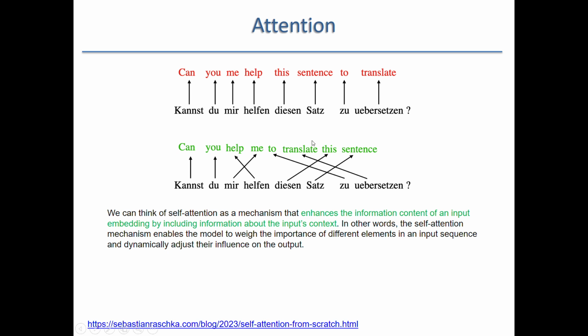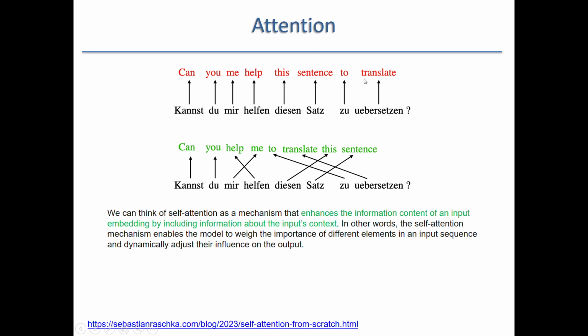For instance, this can be very well understood in the context of sentence translation. Let's say that we have this sentence in German, and if we want to translate the words one by one, you can see that the translation in English sounds very weird. Can you help me translate this sentence?